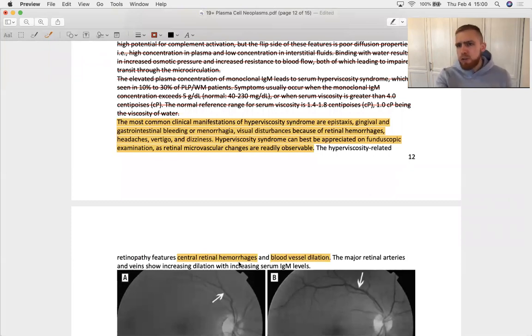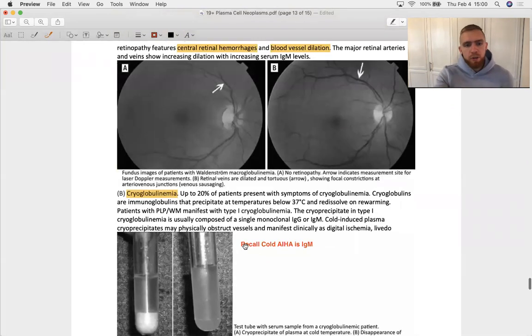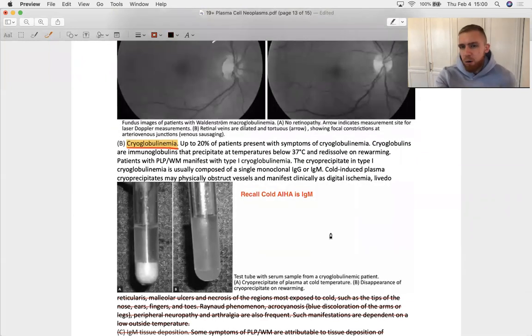A couple of things particular to Waldenstrom are going to be, number one, hyperviscosity syndromes, which like to present in a fundoscopic examination. You're going to look at the eyes, and if the blood vessels are all dilated and tortuous, there's a lot of volume in them. And then number two, because Waldenstrom has a monoclonal IgM spike, sometimes you get a cryoglobulinemia.